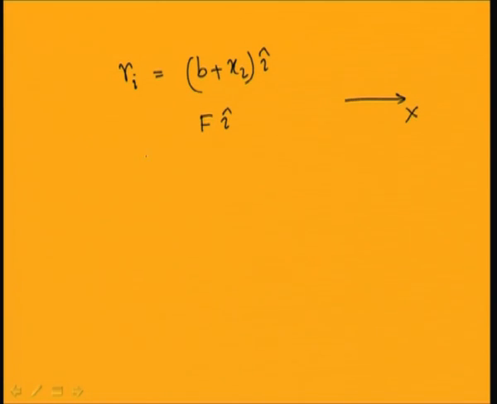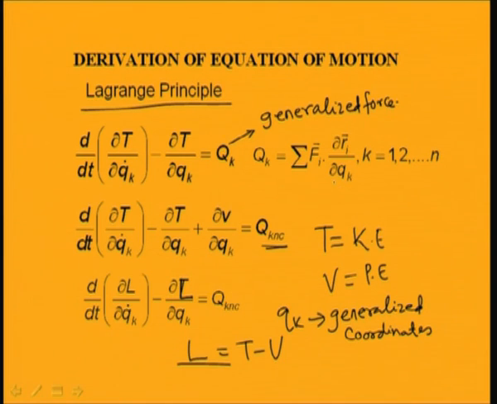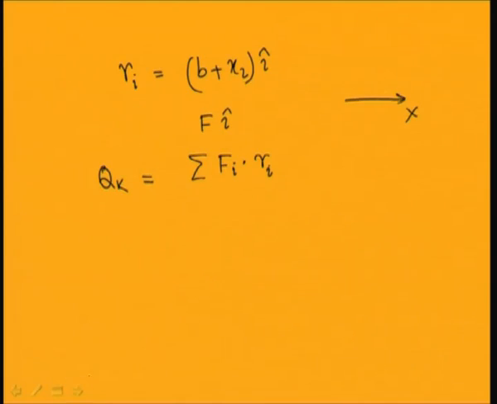By using that, Qk is the generalized force acting on the system, equal to summation Fi dot del Ri by del Qk, for i equal to 1 to 2.